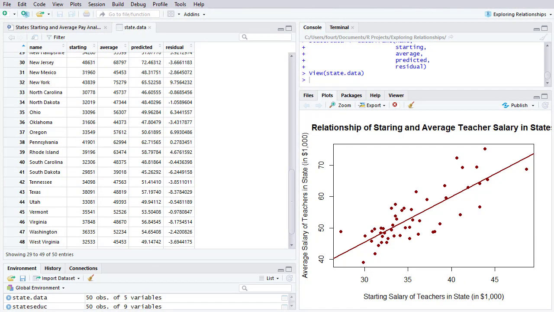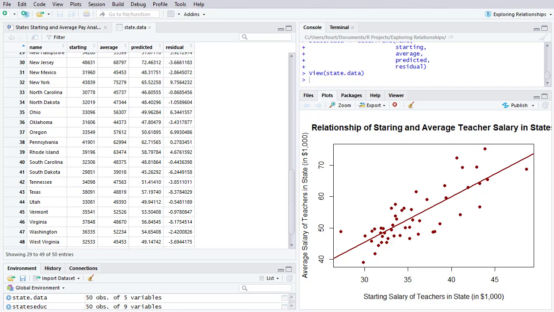We analyzed the relationships of these two quantitative variables graphically with a scatter plot and a regression line, and descriptively by looking at effect size, the slope of the regression line, and measures of association, the correlation, and the coefficient of determination.